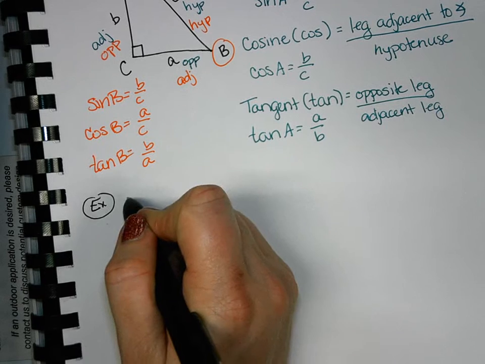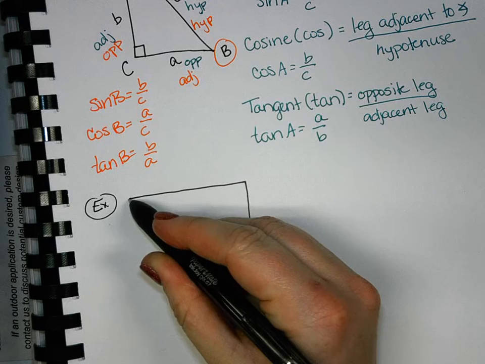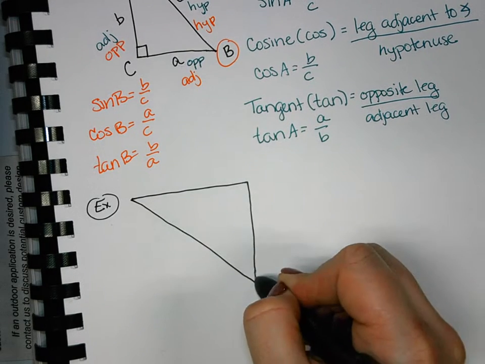Okay. So on this first example, we're just going to practice writing out the ratio. We're not solving anything yet. We're going to get to that after.